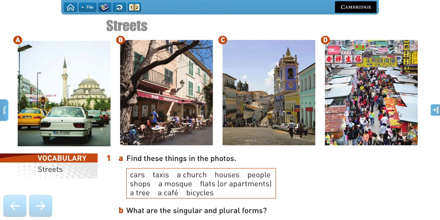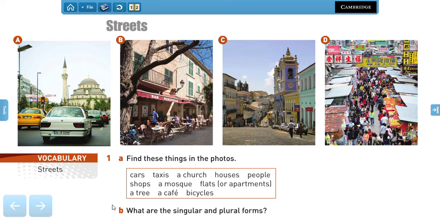This looks like a market, right? A mosque, a very interesting building. Here we have a mosque. Flats or apartments, which are the same word. These ones, right? They might be flats or maybe those ones over here. Very old buildings. Nowadays, flats look very different, right?